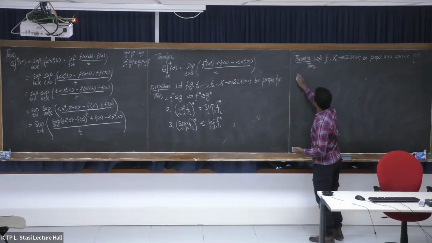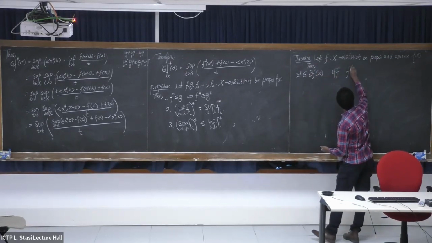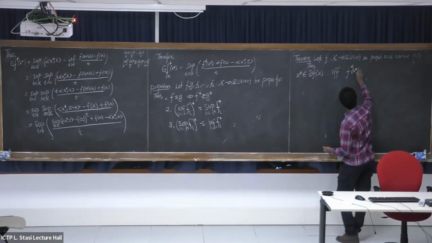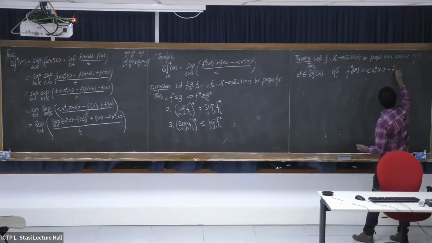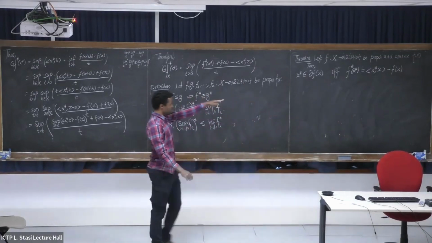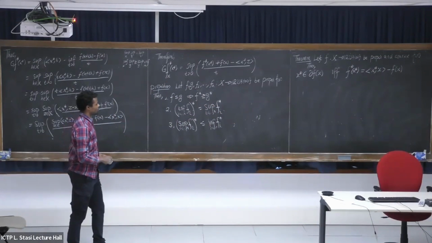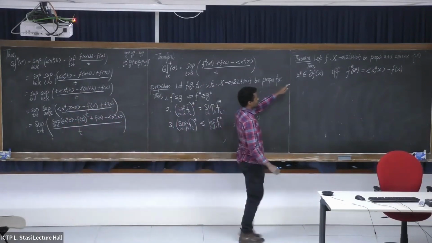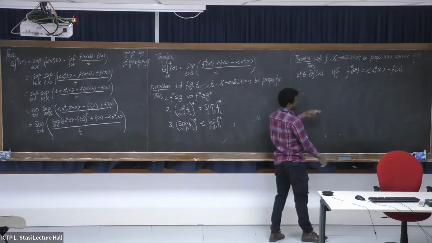Then x star is an element of the subdifferential of f at x if and only if the Fenchel conjugate of f at x star is simply this: the supremum is attained at this point. If x star is an element of the subdifferential of f at x, then this whole is this one.